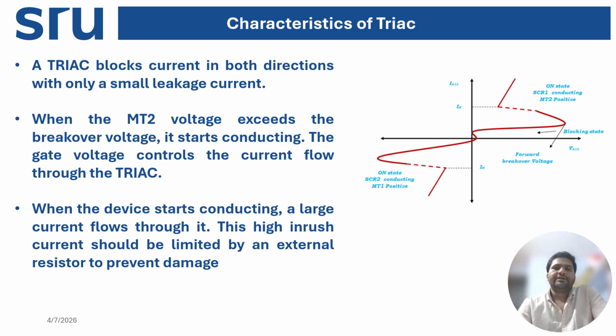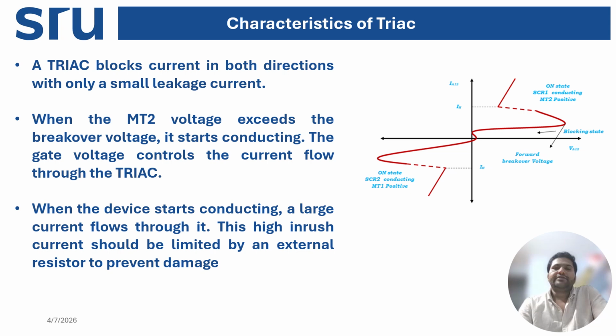Now on state characteristics, once TRIAC is turned on, it allows a larger current to flow through it. The voltage drop across it becomes very small, it behaves like a closed switch.